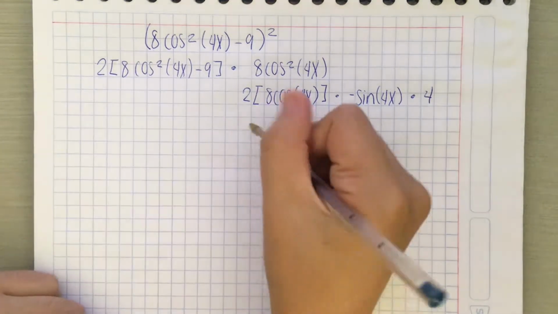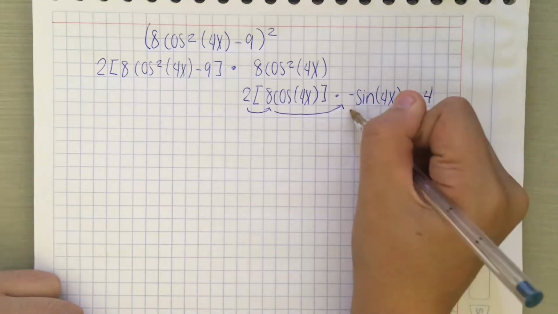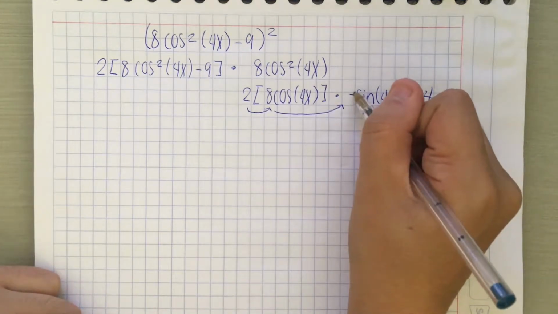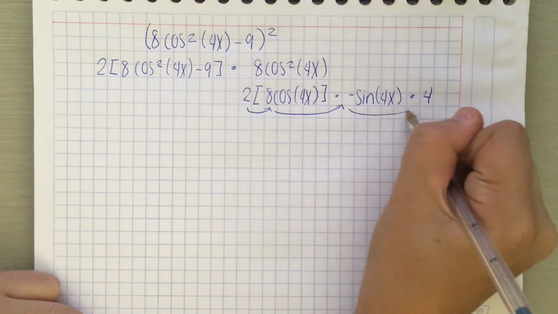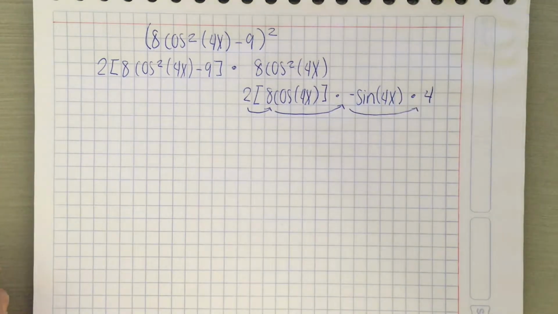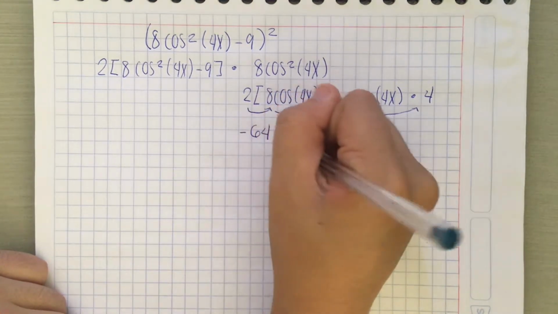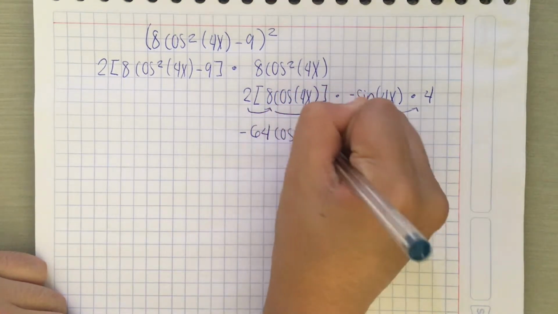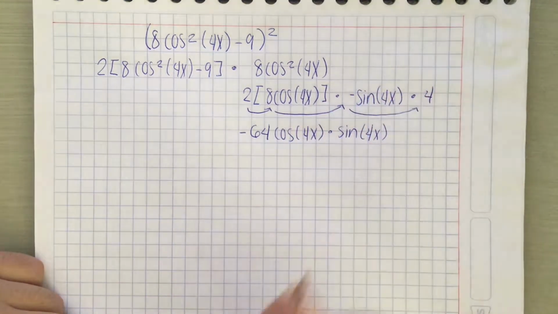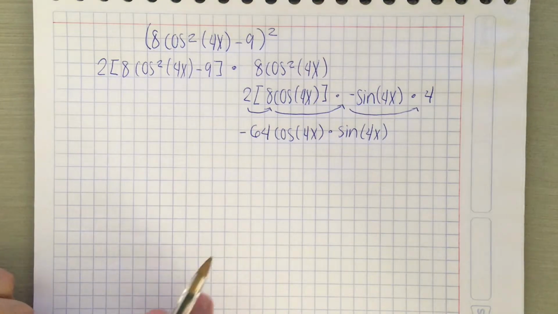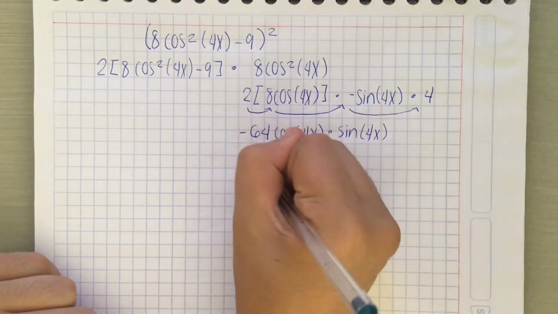Okay, now we have to multiply 2 times 8, 2 times the negative sign. There is an invisible 1 in here, as you may know, and multiply that times 4 as well. We are left with negative 64 cosine of 4x times sine of 4x. Following the property, we need to do the following.